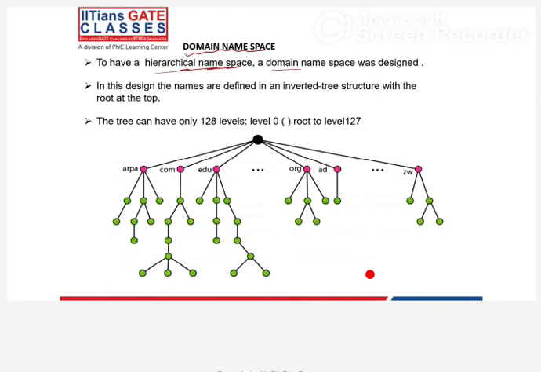Now we will discuss domain name system. So your transport layer is done. Each and every topic is done. You can solve every question from the transport layer. Now application layer. So in application layer, few protocols are there: DNS, Simple Mail Transfer Protocol, FTP, HTTP, and email.